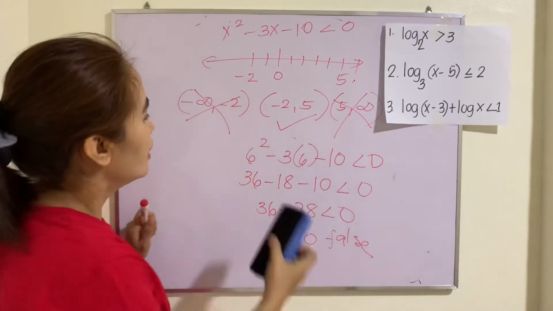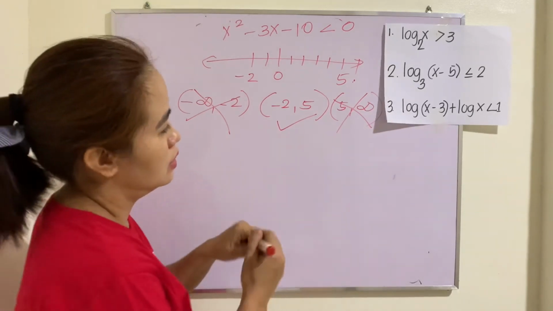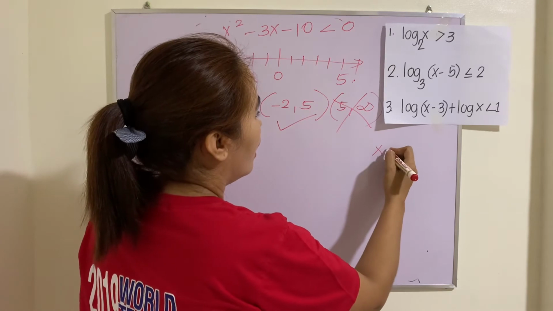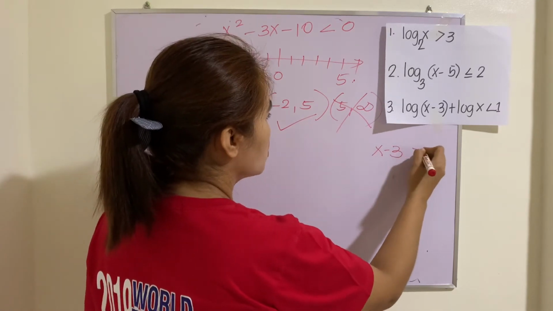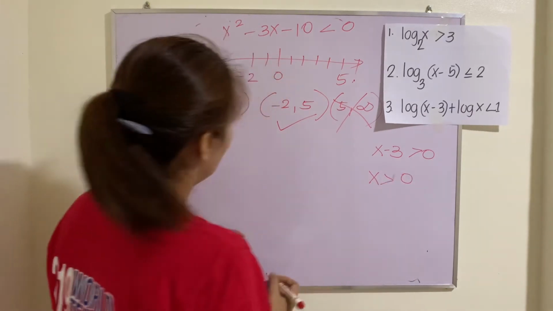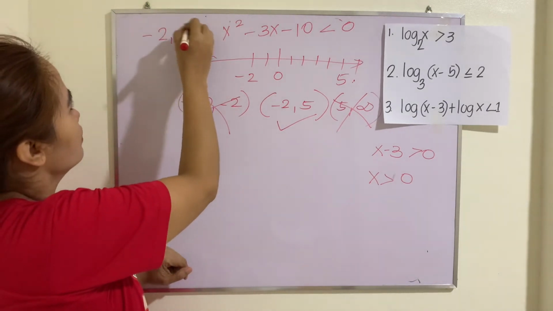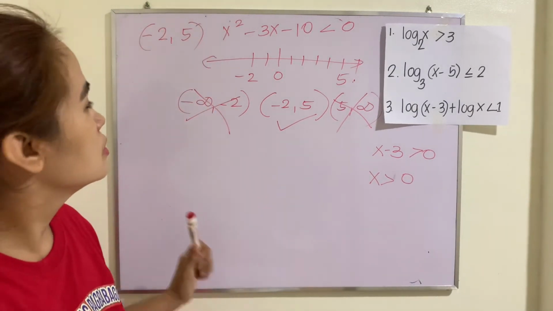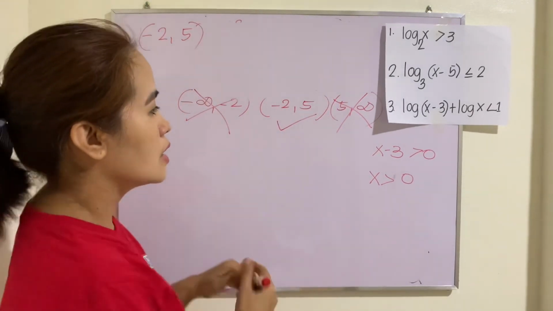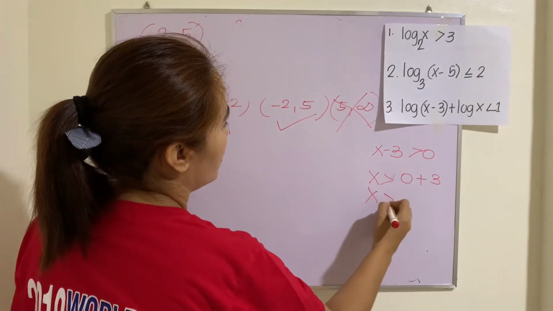Okay. Next. Remember again the definition of logarithm, that this one should be greater than 0. So we have x minus 3 should be greater than 0. So you have now these choices. Negative 2, 5. And then, what else? x is greater than 0 plus 3. x is greater than 3.